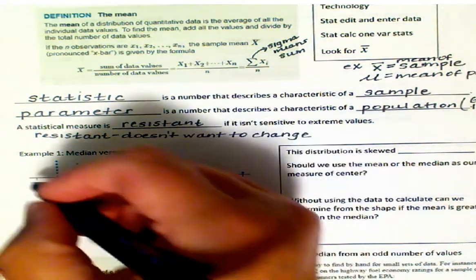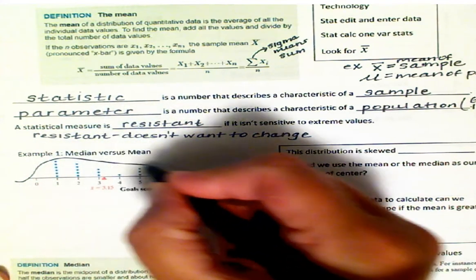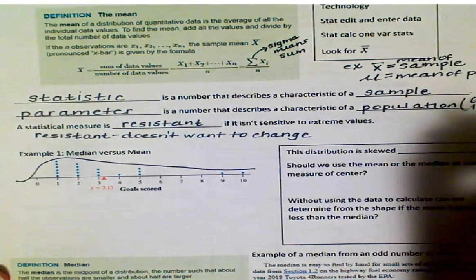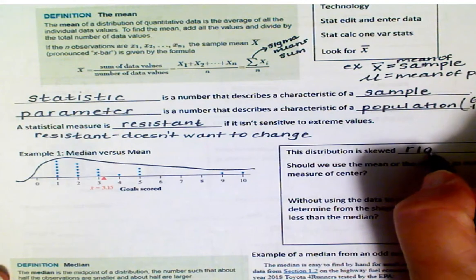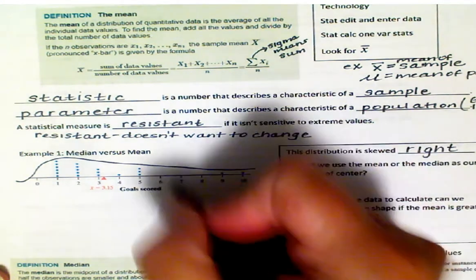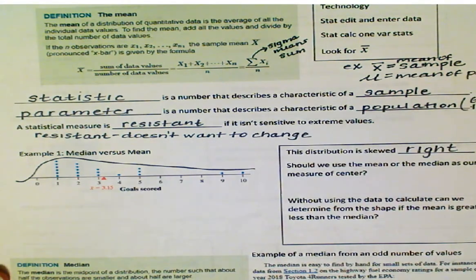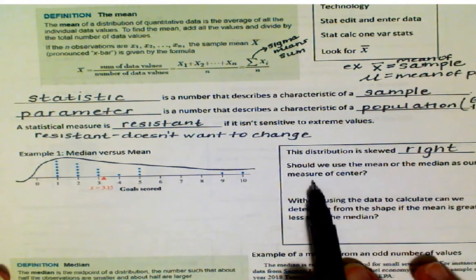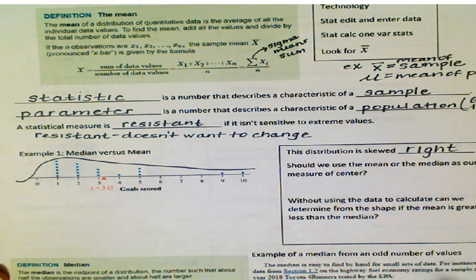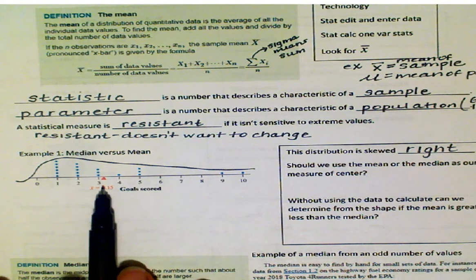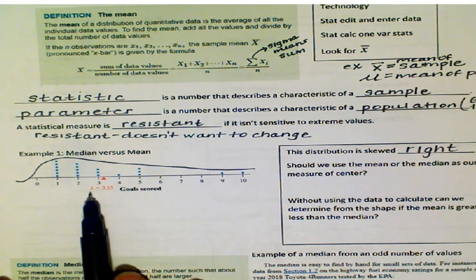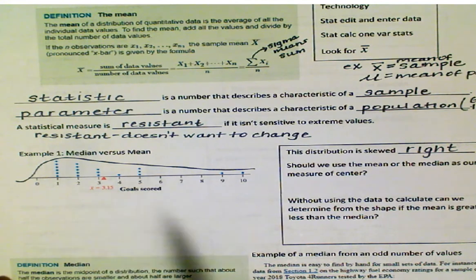It's obviously skewed to the right, because the tail is over here on the right. Should we use the mean or the median as a measure of center? I'll tell you the mean is right here, 3.15.